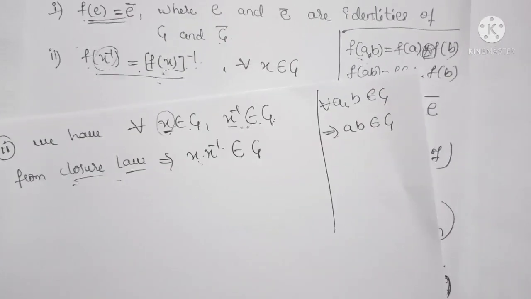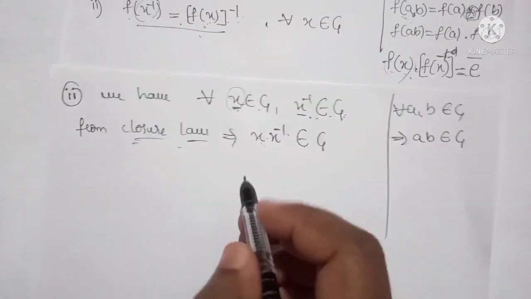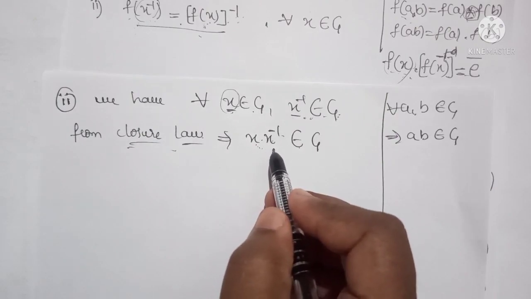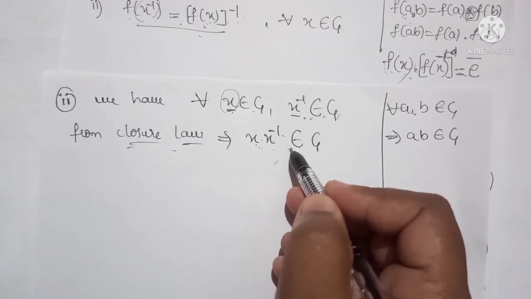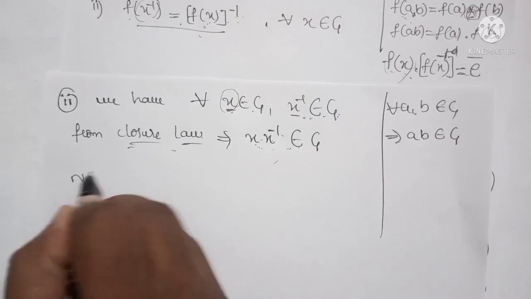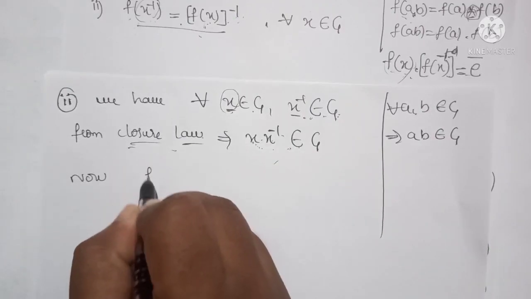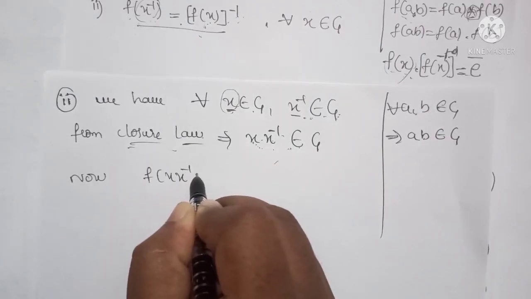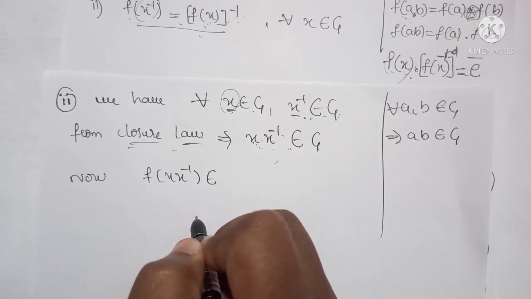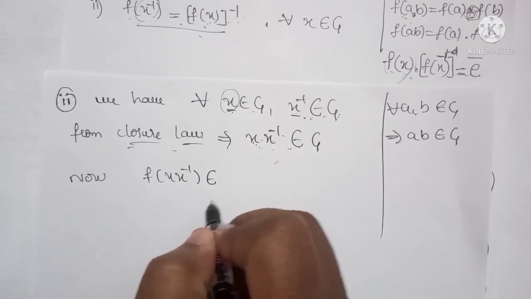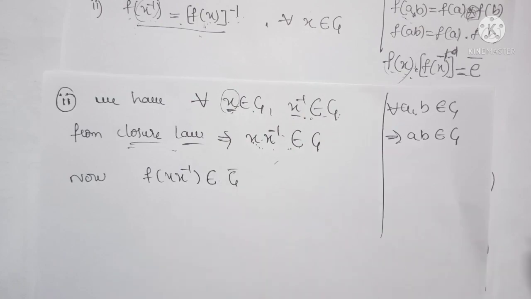Okay, so here we got this x into x inverse belongs to G, which means we can write the image of x inverse. It belongs to which set? The image belongs to G bar, right?